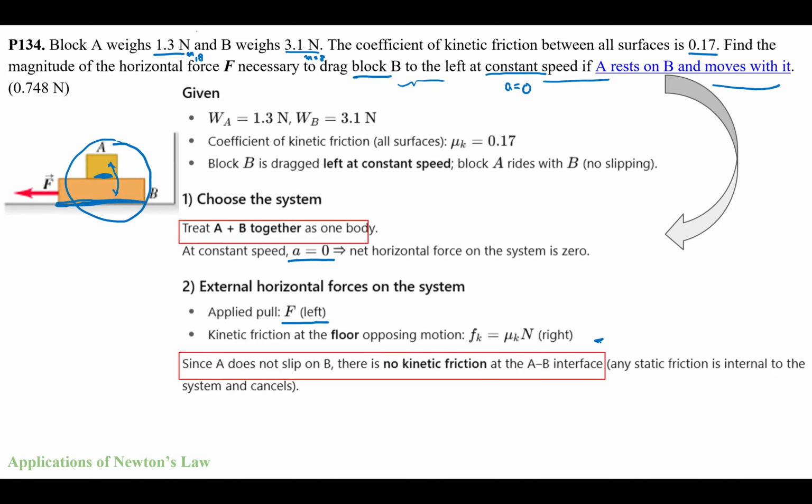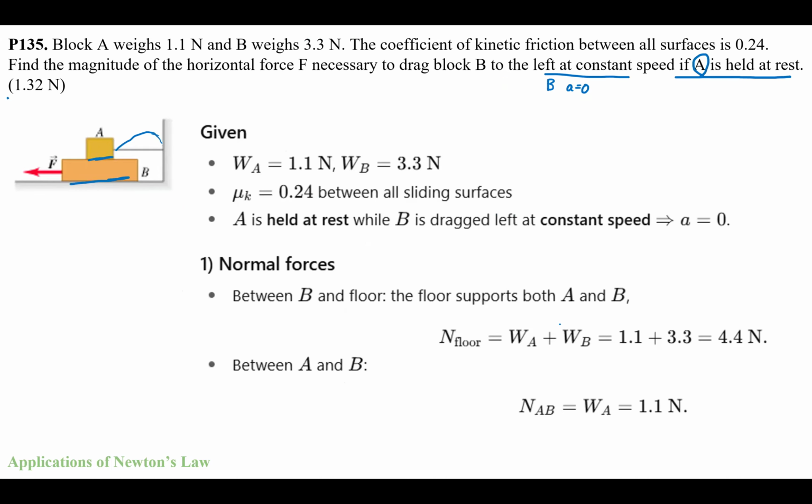Okay, this is the important statement. But in this case, A is at rest and B is pulled back. So we need to think about two cases: between B and the floor, and then between A and B. This is the big difference.